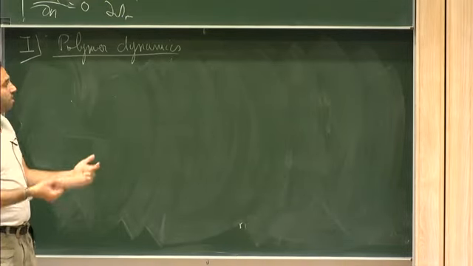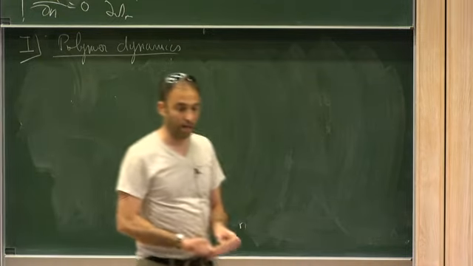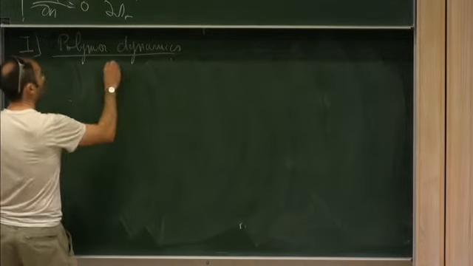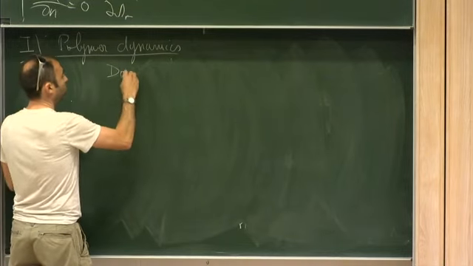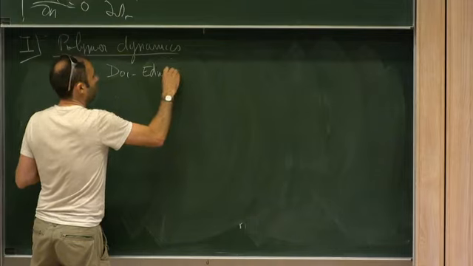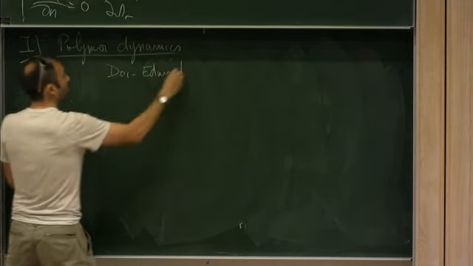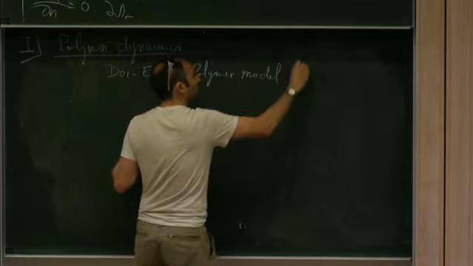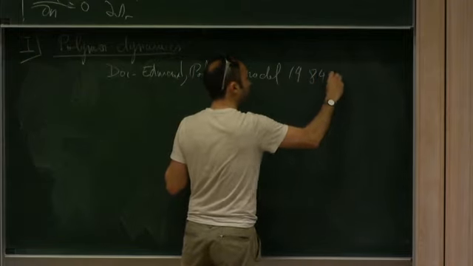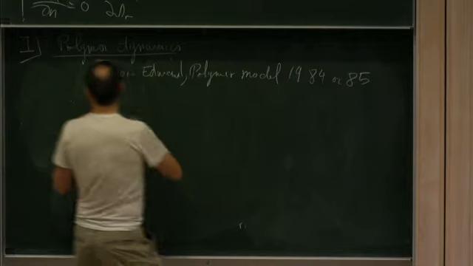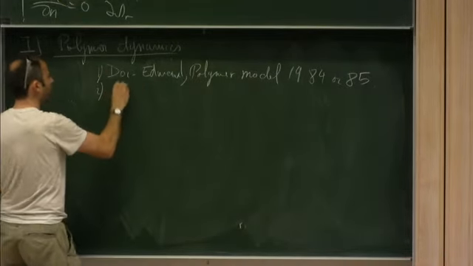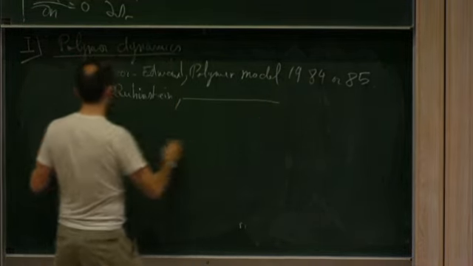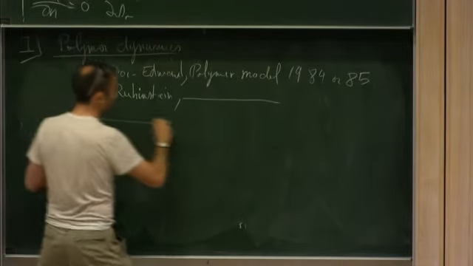How we analyze them, compared to the steady state analysis, is present in very good classical books, like Doi-Edwards. I mean, there are an infinite number of very beautiful books about this. Doi-Edwards is about polymer models. I think it's 84 or 85. There's a book of Rubinstein about polymer models, and there are many very interesting books.